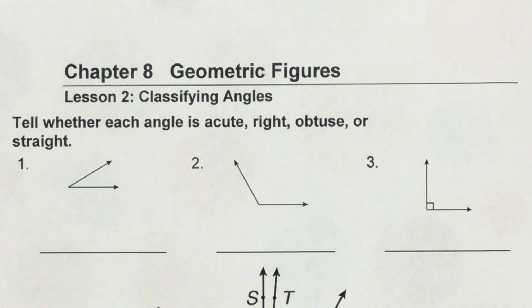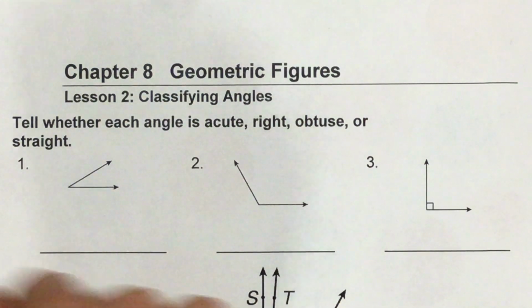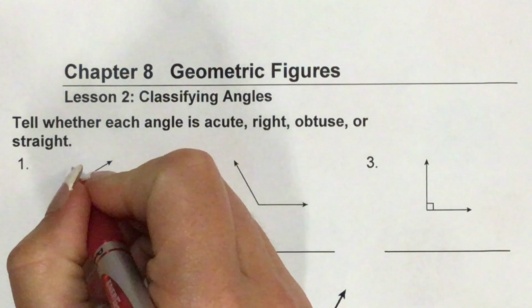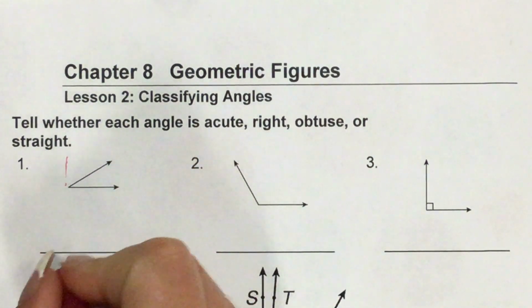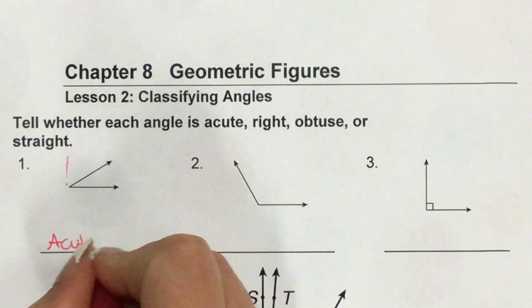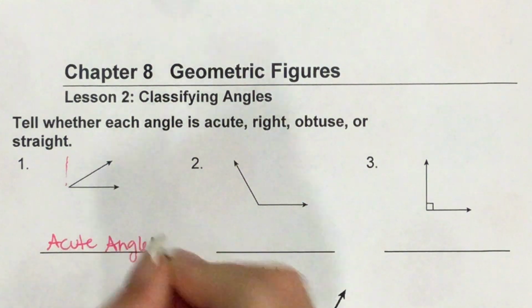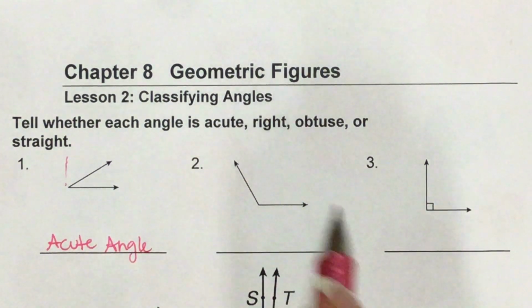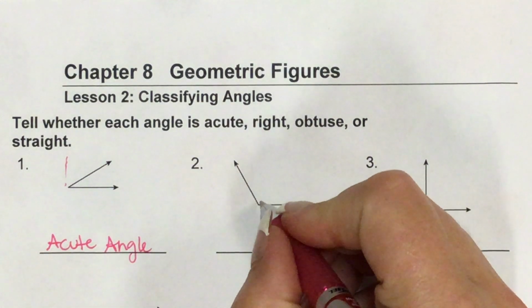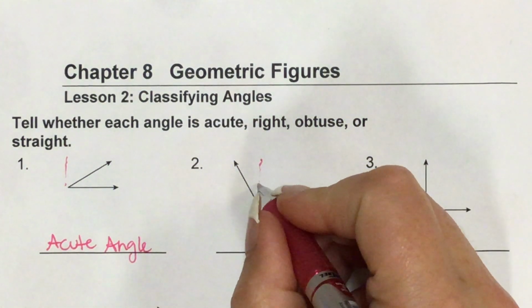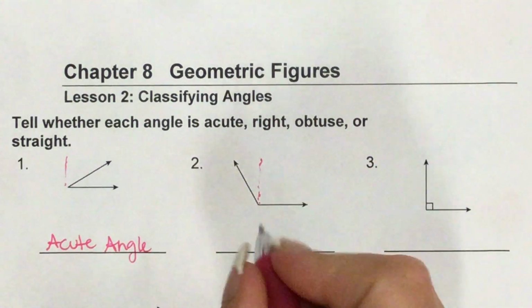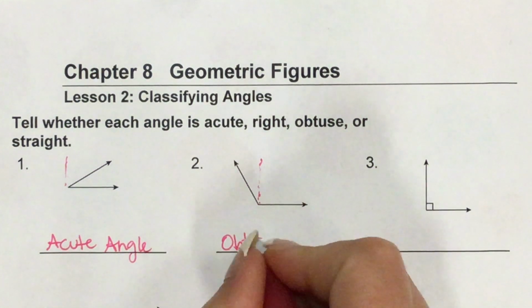All right, we are back. Let's go ahead and look at 1. Problem number 1 is actually less than a 90-degree angle, so that means that this is an acute angle. If you got that one right, great job. Number 2, if we had a right angle, it would be about here, and this angle is bigger than a right angle, so that means it would be an obtuse angle.